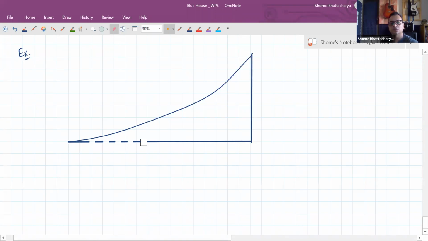So it's a curved slope. Instead of being a normal sort of straight inclined plane, it's a curved slope, the kind of thing which is more common in real life. So this is a smooth curved slope like this.